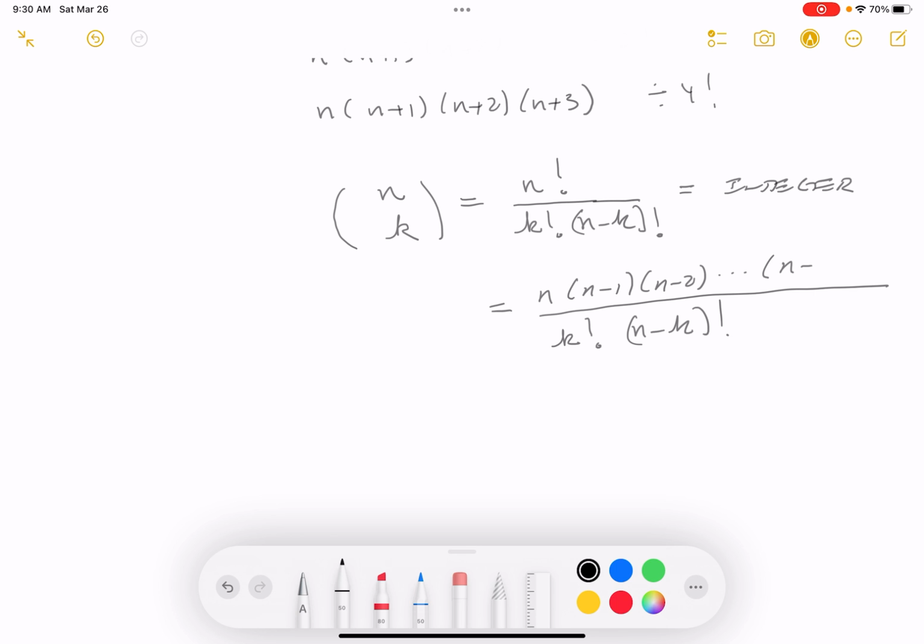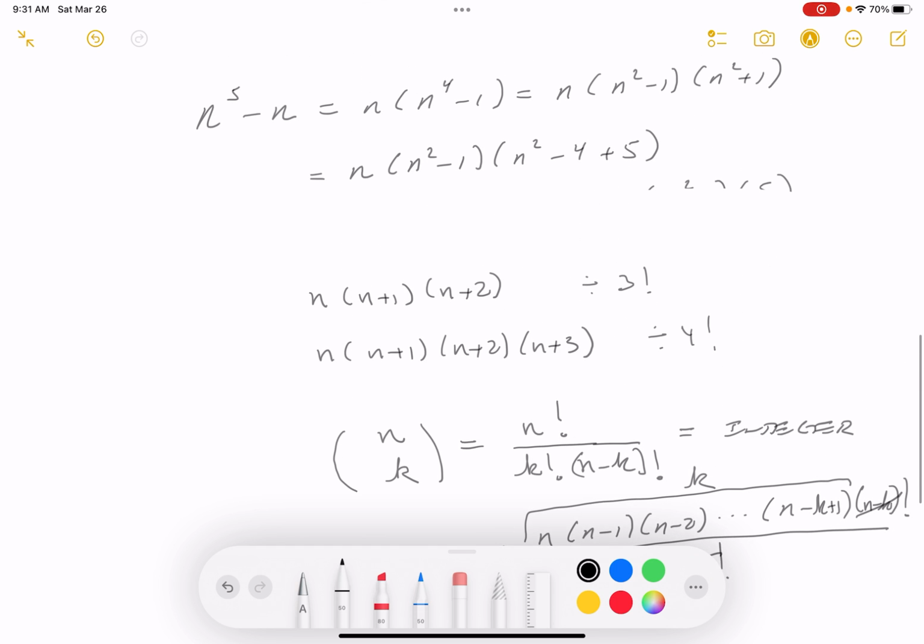So it's going to be n minus k plus 1, and then n minus k factorial. This would cancel off. Now someone says, what are these things over here? They're consecutive integers, right? How many are there? There's k. If you count them up, you get k of those. So that's why I'm saying this over here.